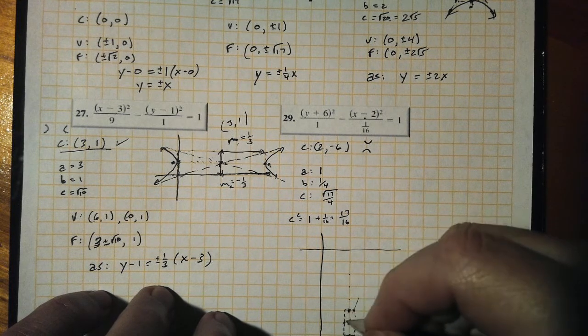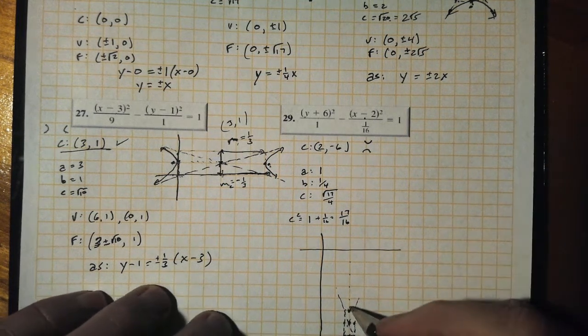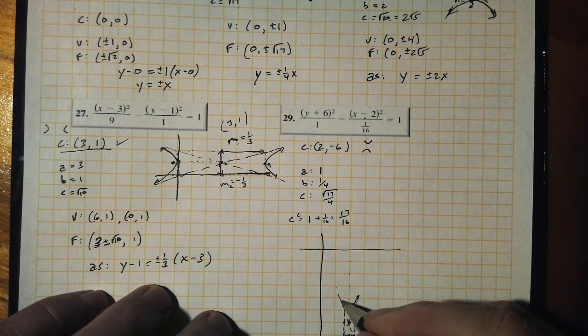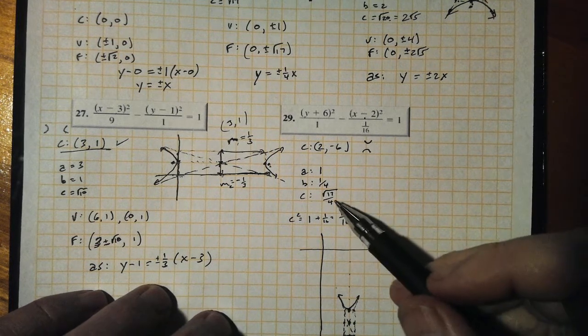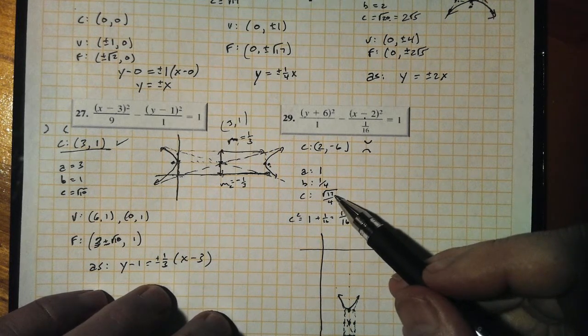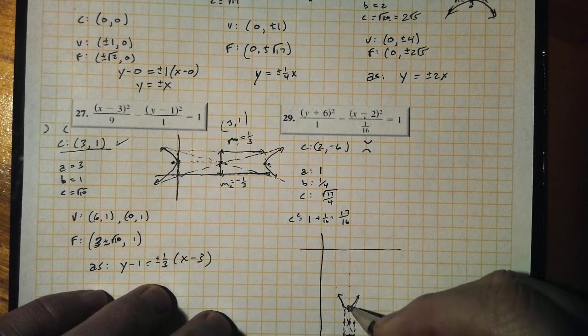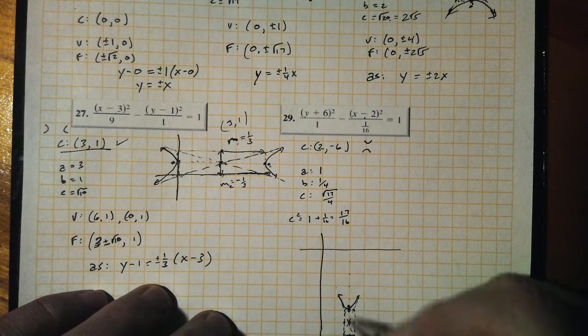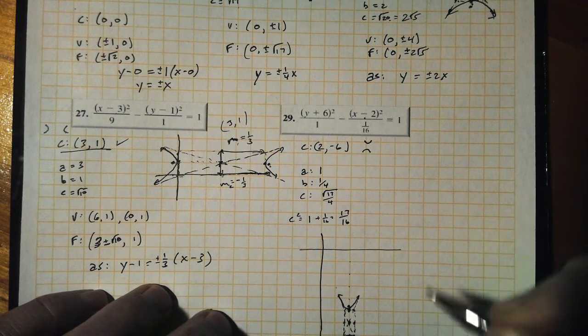And there is the box. How does this open? Up and down. Where are the foci? Well, square root of 17 over 4 is just a little bit more than 4 divided by 4, just a little bit more than 1. They're barely beyond the vertices, but they are beyond the vertices.